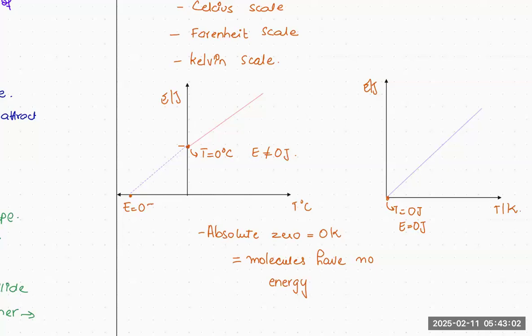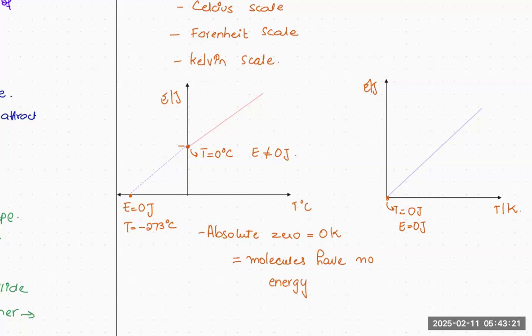So the Kelvin scale is basically considered to be the best scale because it gives you a direct measurement. If the temperature is zero, the energy is also zero. The centigrade scale is also a good scale, but it does not have an absolute zero.